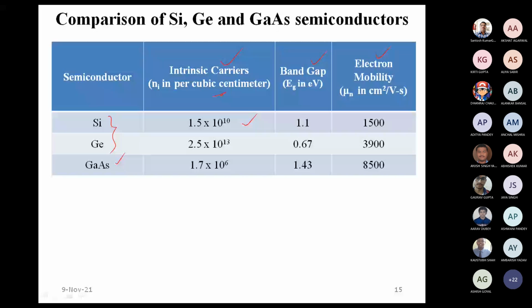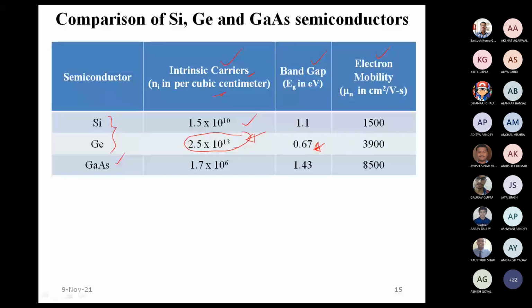Germanium has superior values of carrier concentration. A carrier is something which carries the current, the electrons. The electron concentration is higher, so the current will be more in germanium. The band gap is less, meaning it is easy to make the electrons conduct.